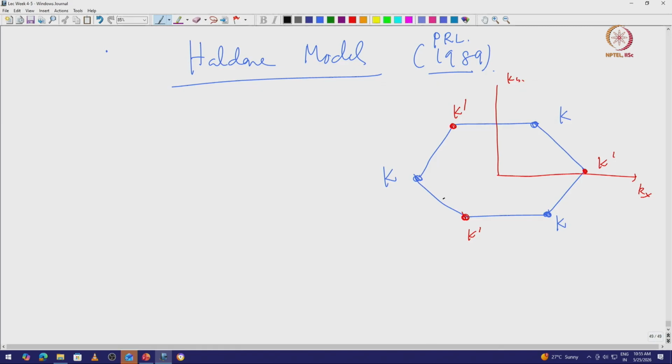So I need a D3 term, let us say it will be plus here, plus here, plus here, and minus everywhere. Equal to 0 contour. So it does not matter where it is, but as long as it encircles K prime or K, it can be equally done with this K.